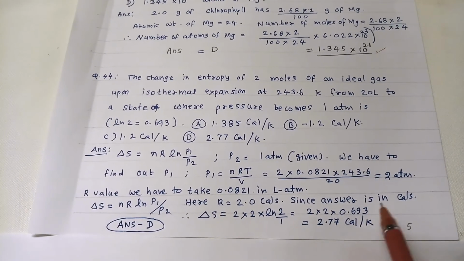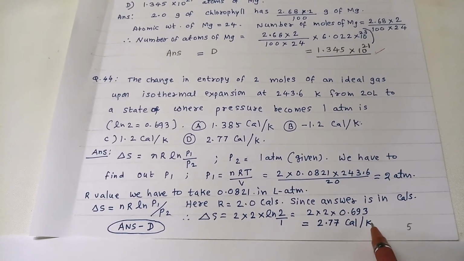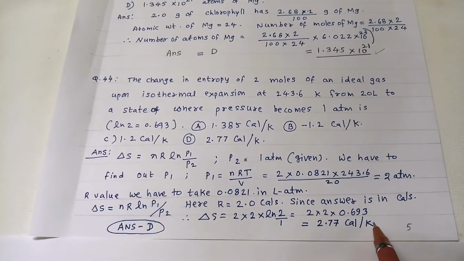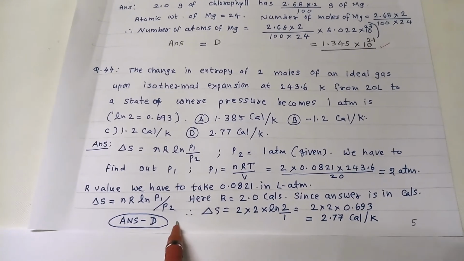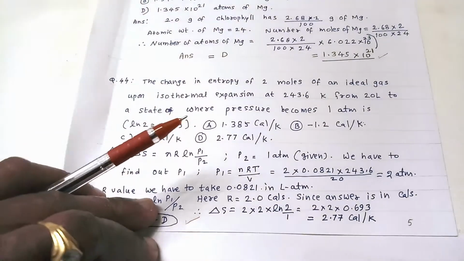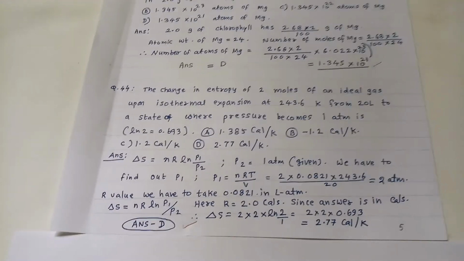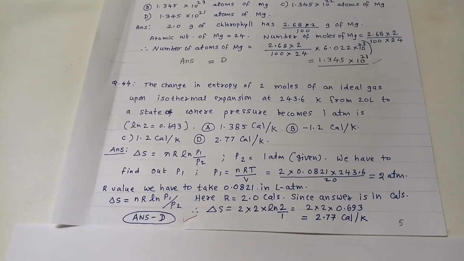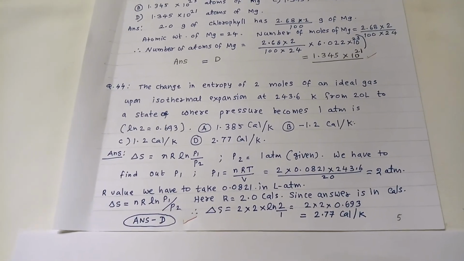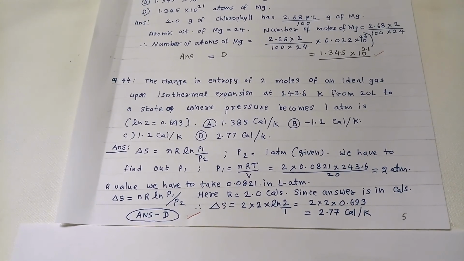So if you work it out, 2.77 calories per Kelvin is coming. So it is matching answer D. So this completes the physical chemistry questions of the NEET Abhyas question paper 6.